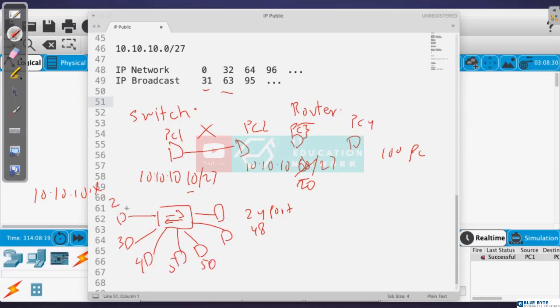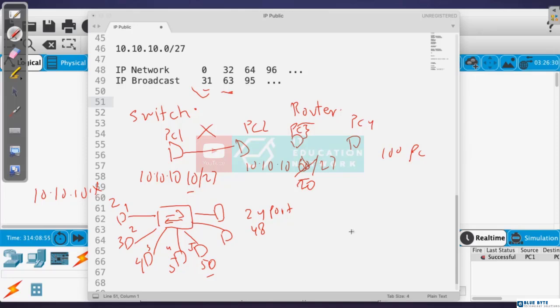In this case, PC1 until PC4 will be able to communicate with each other, but PC5 cannot communicate with PC1 until PC4. Why? Because PC1 until PC4 are in the same block subnet, which is the first block subnet, but PC5 is in a different block subnet, which is the second block subnet. Okay? So that is the function of switch, which is connecting many computers that are in the same block subnet.